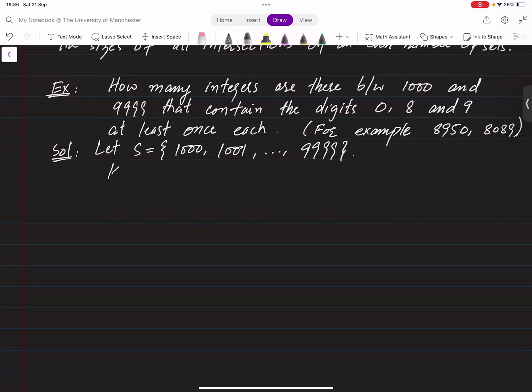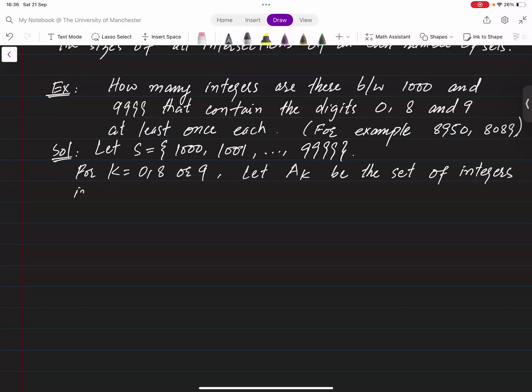Now for k is 0, 8, or 9, let Ak be the set of integers in the set S that have no digit equal to k.